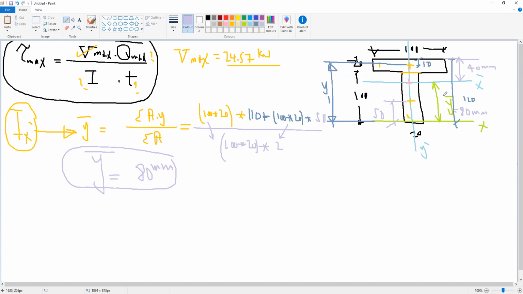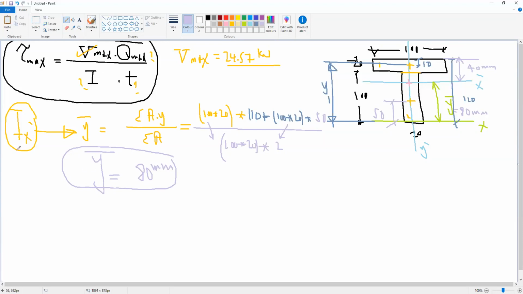Okay, y bar depends on what axis you assumed. Maybe you assume x at the bottom level or at the top level. Anyway, this y bar is related to the top or bottom level. So if it is 80 from the bottom, it will be 40 from the top, and so on. Okay, so now we get y bar.